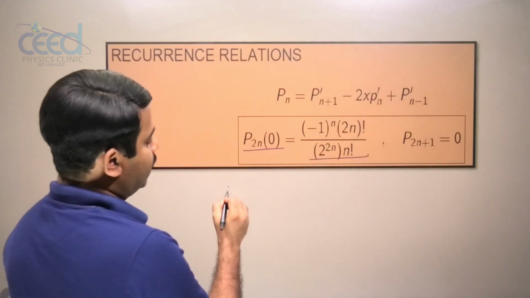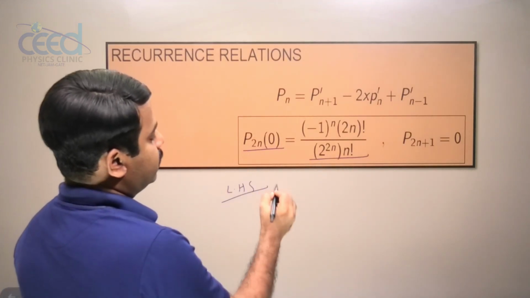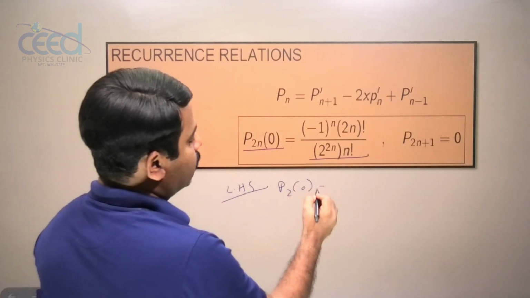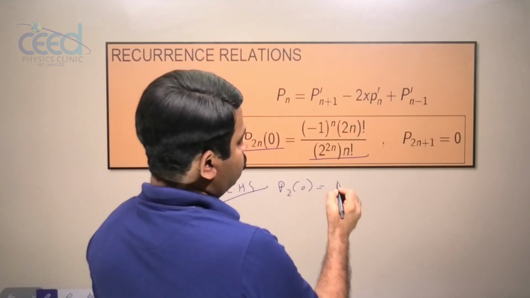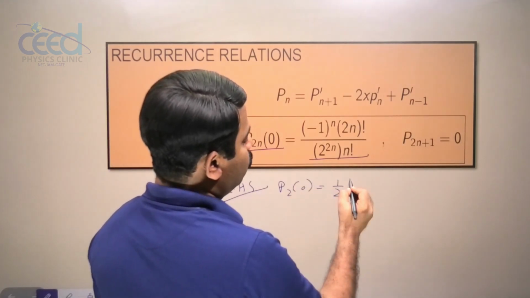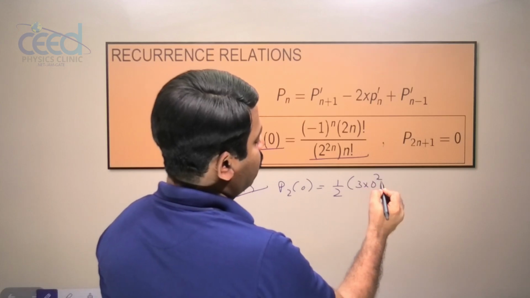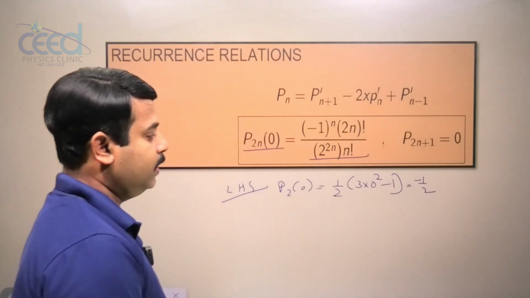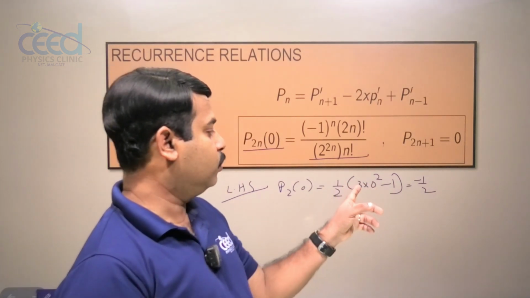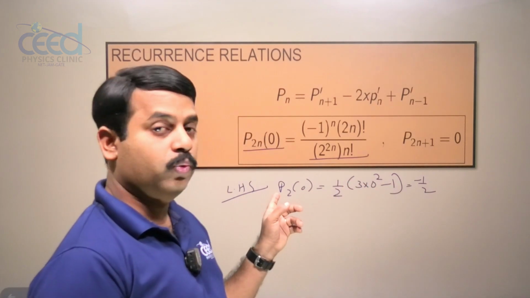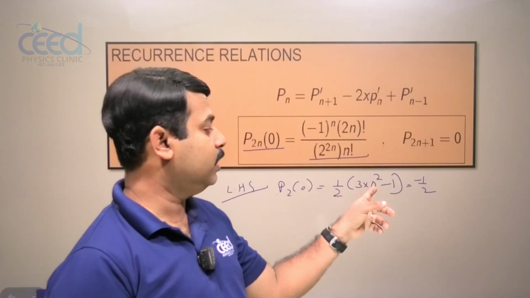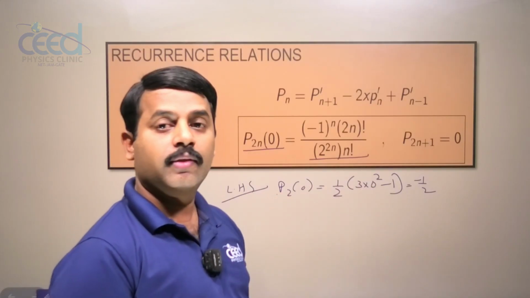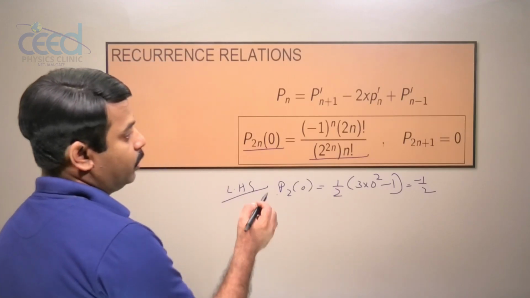Then LHS is equal to P2 of 0, that is 1 by 2 into 3 into 0 square minus 1, that is minus 1 by 2. Half into 3x square minus 1 is P2, so P2 of 0 means x replaced with 0, that is minus 1 by 2.